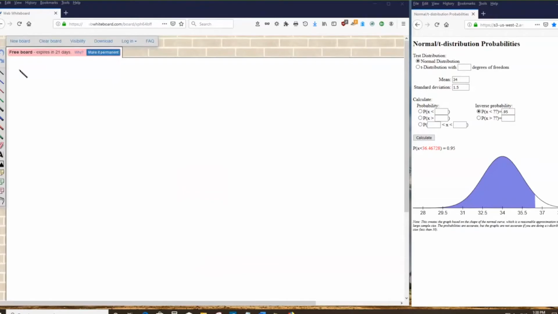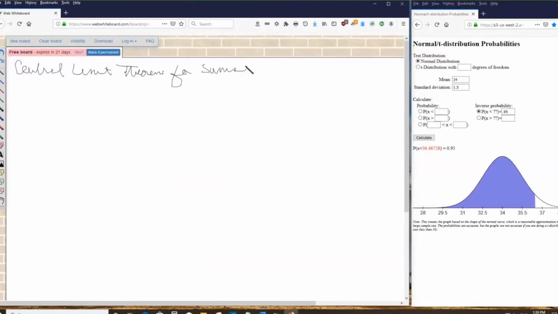Okay, so now we want the central limit theorem for sums. What this means is that if you take all of the samples and sum those values together, you're going to have another normal distribution.